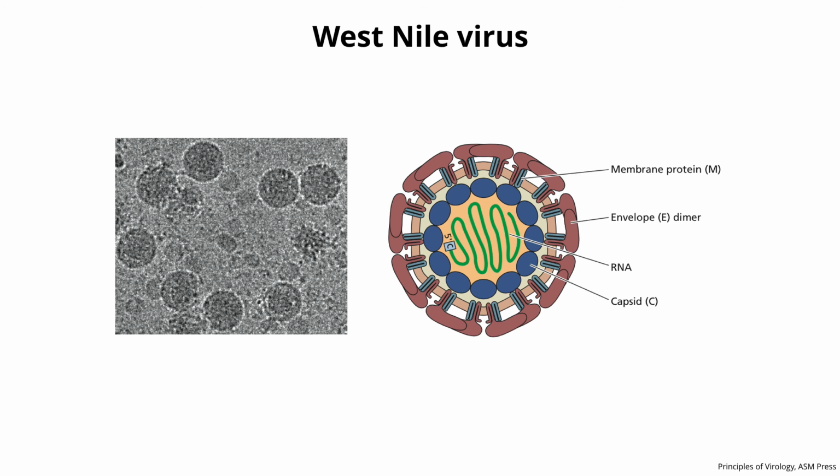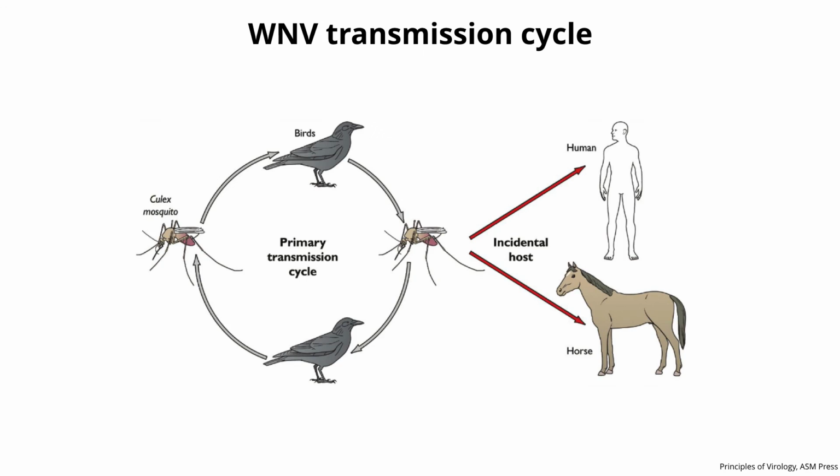It is a flavivirus, an enveloped plus-stranded RNA-containing virus, and we've talked about these a bit in the past. In the transmission cycle in nature, the virus is carried among birds and other animals by mosquitoes, in particular Culex mosquitoes. So out there, the birds are infected, the mosquito brings it from bird to bird, and when humans intrude upon this cycle, they become incidental hosts.